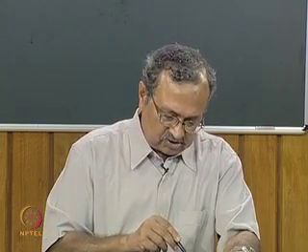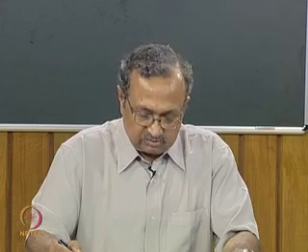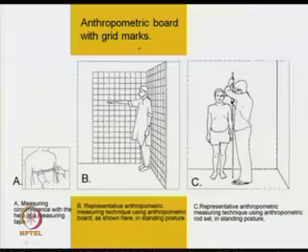Here we can say that with the non-stretchable tape, the circumferences are being measured. The anthropometric rod set in this right-hand figure is being used to measure the different heights. Another measuring system is the anthropometric board with grid marks.